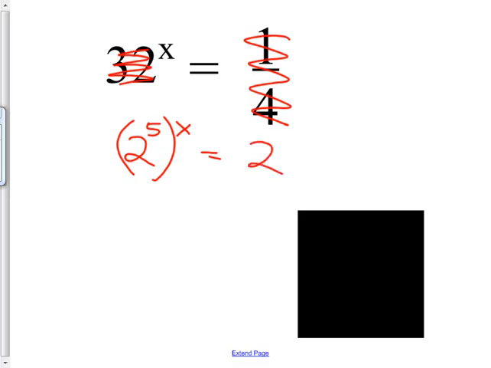Well, 2 to the second would be 4, and that's kind of close, and then it's got to be negative second. That way, it'll make it 1/4. Please stay focused. All right, this will cancel this, and now I have 5x equals negative 2. And now I can solve for x, and it's super, super easy. Divide by 5, and you're done. Negative 2/5.